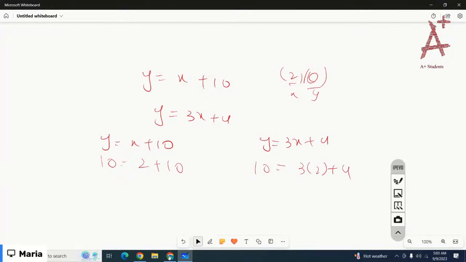For the first, 2 plus 10 is 12, so they are not equal. For the second, 3 times 2 is 6 and 6 plus 4 equals 10, so they are equal. For one equation they are equal, but for the other they are not, so this isn't the solution of the system. If the answers are equal for both equations, then that is the solution of the system.